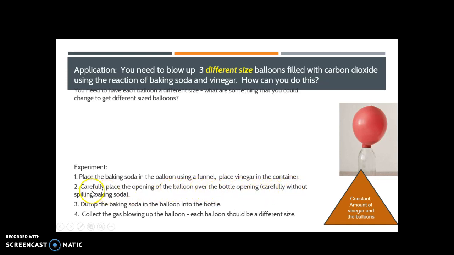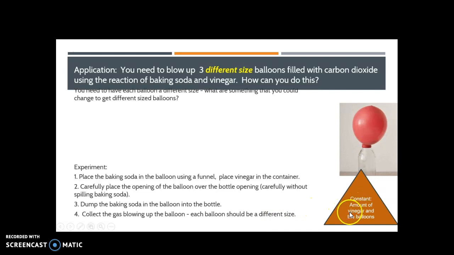That means we don't want to spill the baking soda, so maybe someone's going to hold it or we're going to twist the area so no baking soda accidentally falls into the bottle. When we're ready, we're going to dump the baking soda in the balloon into the bottle. Then that reaction is going to cause a gas of carbon dioxide, and we're going to collect the gas, which is going to blow up the balloon. Each balloon needs to be a different size.